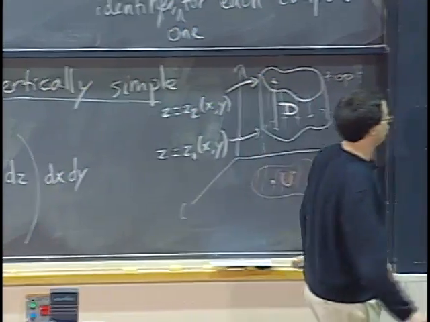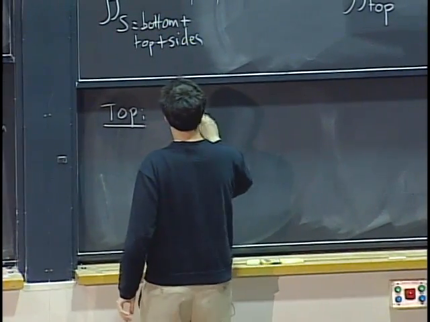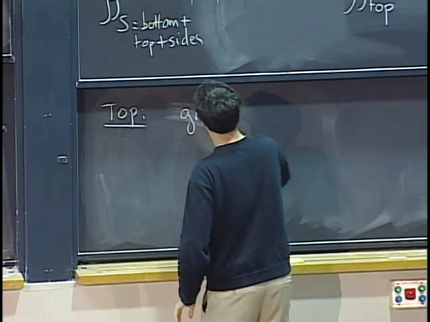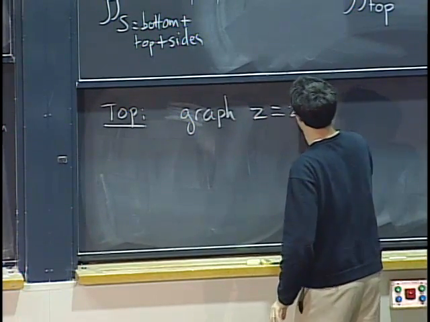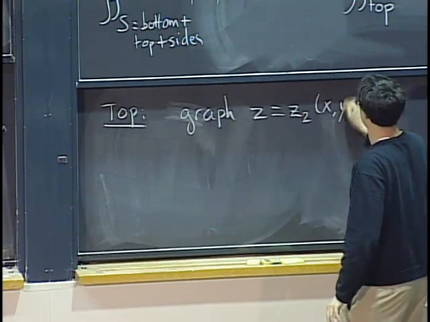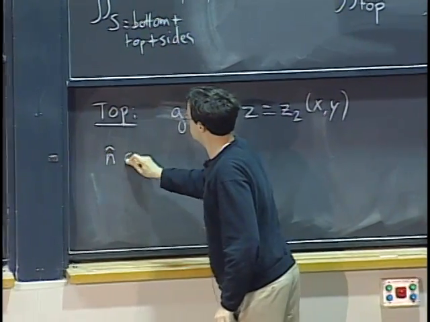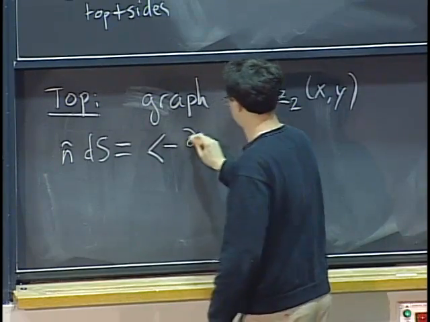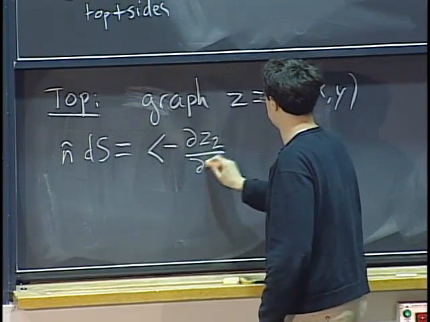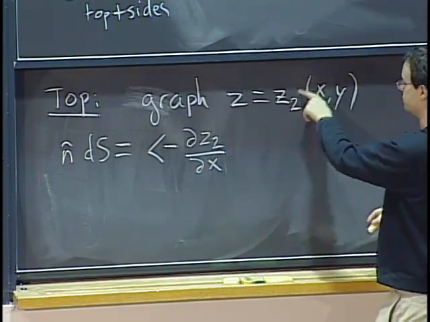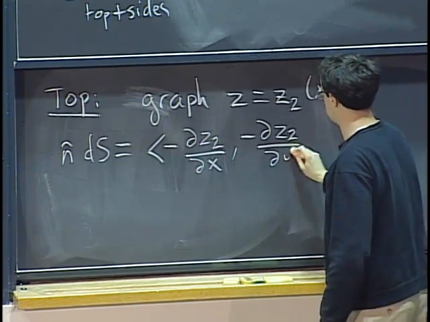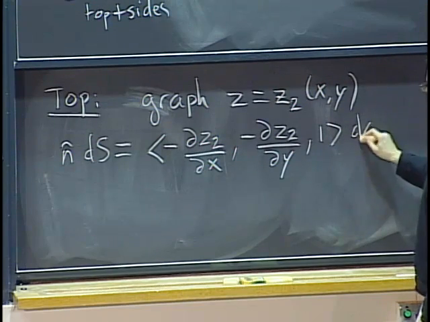Just to remind you, this is the graph of a function z equals z2 of x, y. So n dS for that is negative partial derivative of this function with respect to x, negative partial z2 with respect to y, 1, dx dy.